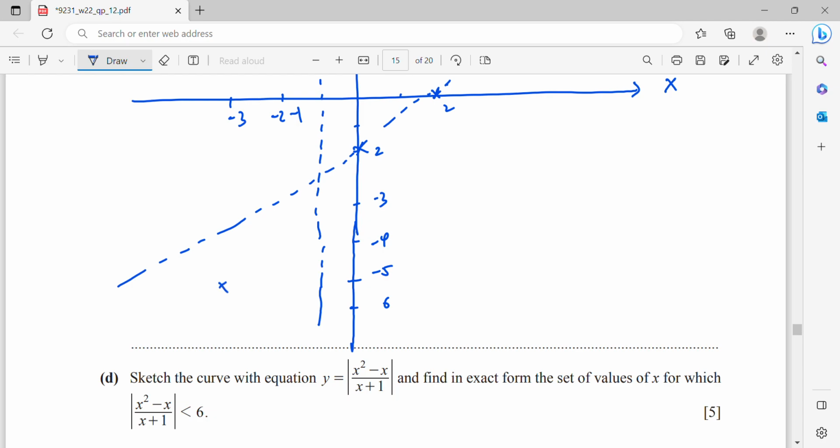Maybe somewhere here, according to the graph, to show that this is the maximum point.